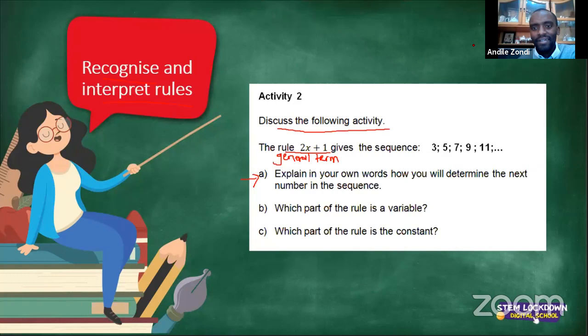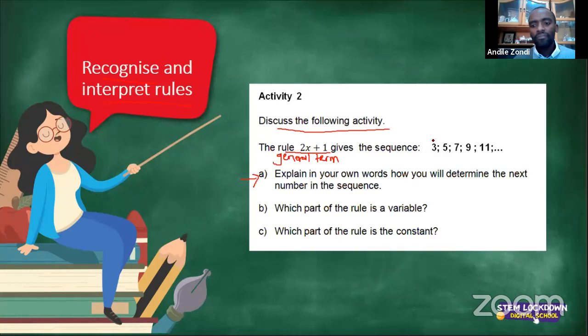Let me check your answers. Okay, now let us see your answers. Explain in your own words how you determine the next number in the sequence. I have 3.